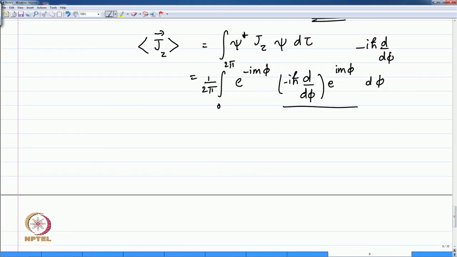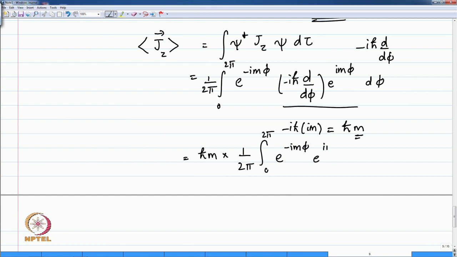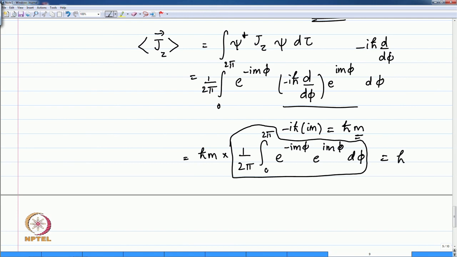It is easy to calculate this. d by d phi gives i m, therefore you have minus i h bar multiplying i m, which gives you h bar m, and m is a quantum number, h bar is a constant, so you can take that out. Therefore, you have h bar m times 1 by 2 pi, integral between 0 and 2 pi of e to the minus i m phi times e to the i m phi d phi, and that is nothing but the normalization of this wave function itself. So, you get h bar m.